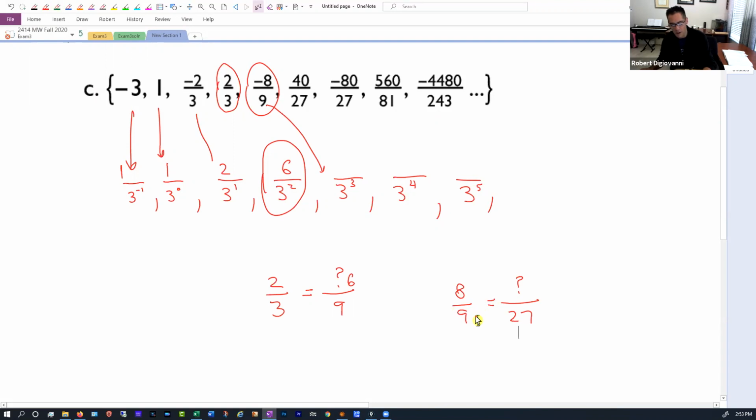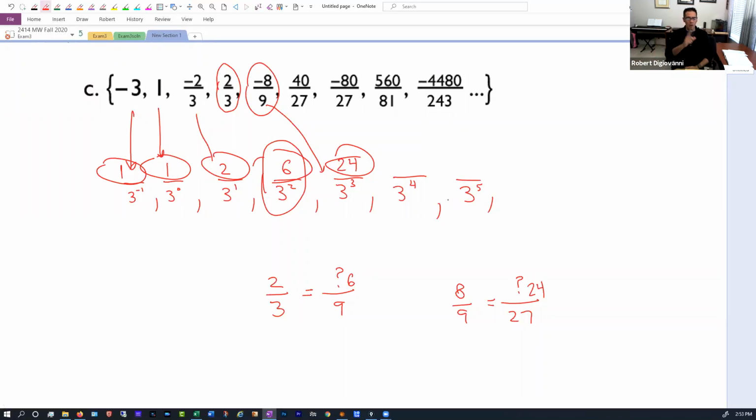I just need to multiply top and bottom by 3. So this would be 24 over that. And then you do the same thing, and you start to see the factorial: 1, 2, 6, 24. But you would have to recognize factorials. If you're not comfortable with all the factorials, I'm not sure you ever pick up the pattern 1, 1, 2, 6, 24, 120. I'm not sure you ever see it.